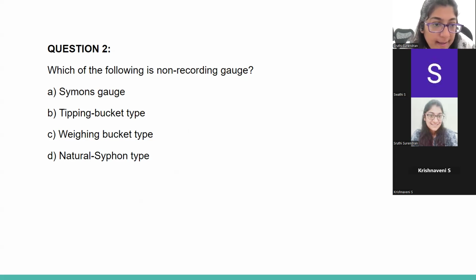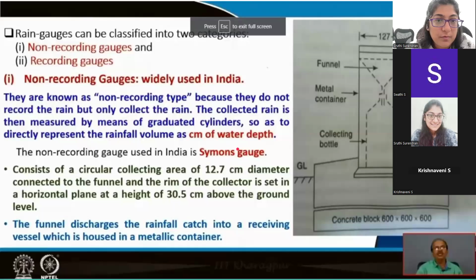Okay, so I've got A and D as the answers. We can see what the solution for this question is.